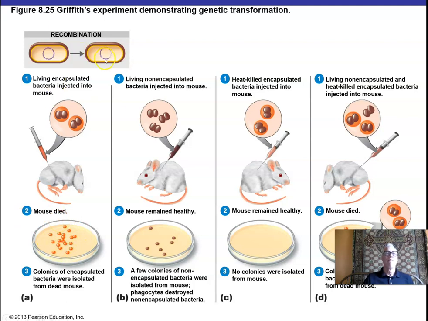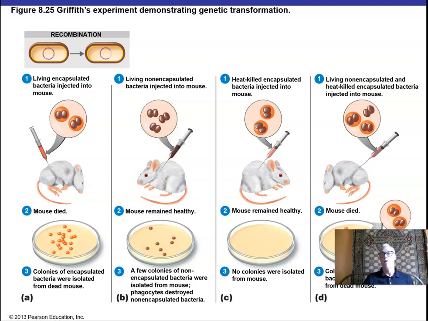Something sounds wrong about that. Anyway, if the capsule gene is present, pneumonia will occur, and the mouse will die. If the gene for the capsule is not present, the mouse will not be harmed. The immune system will take care of that infection.